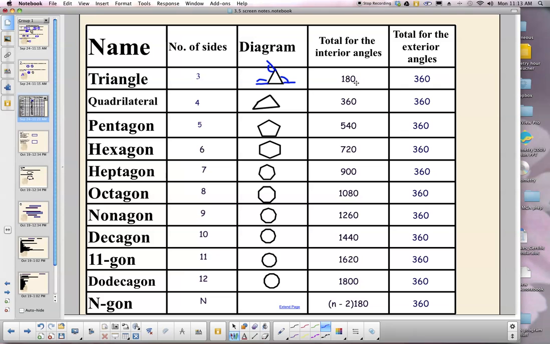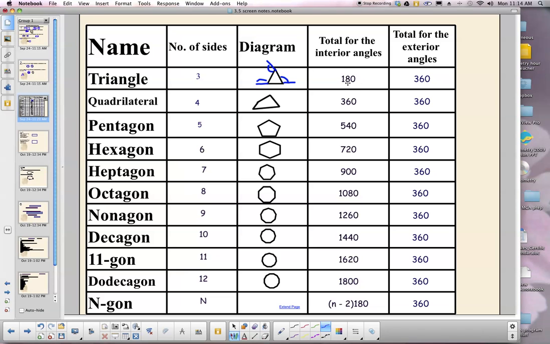And we'll get to that in a minute. But notice the exterior angles stay the same no matter how many sides your polygon has. So the total of the exterior angles is always 360 no matter how many sides it has, but the interior angles for 3, that's our smallest one, starts at 180 and it goes up by 180 each time.